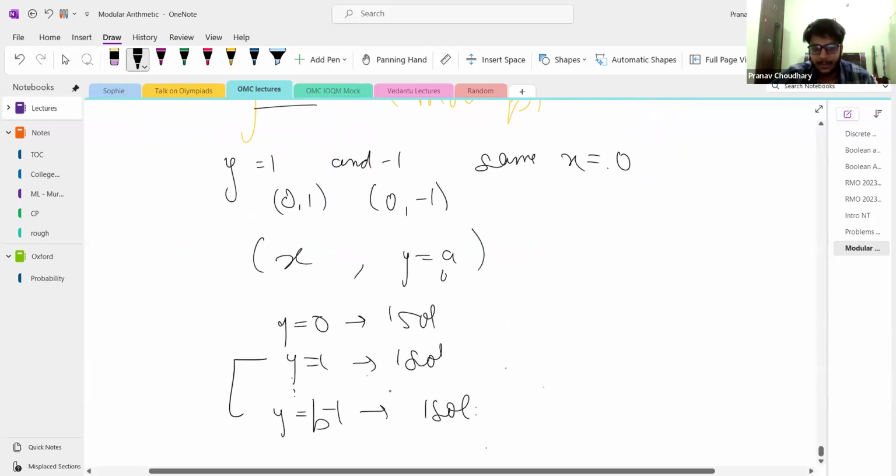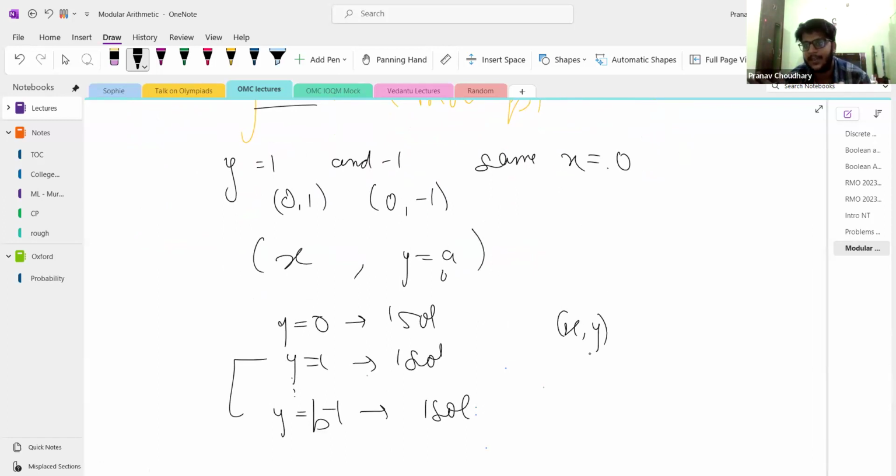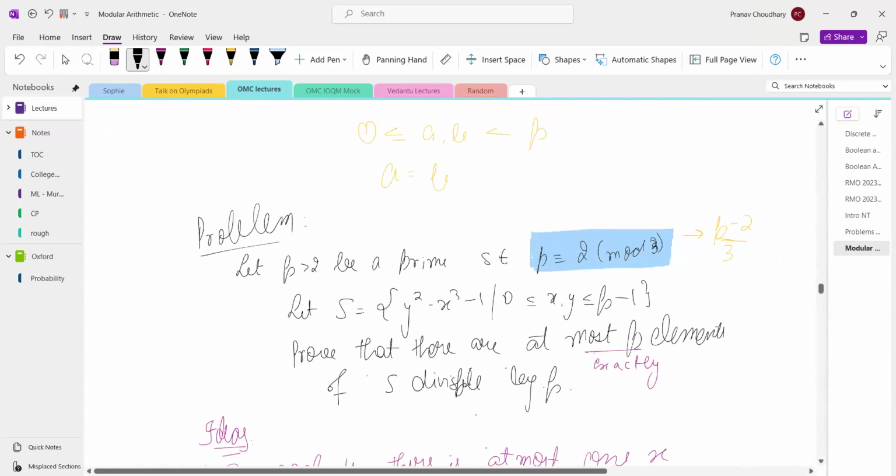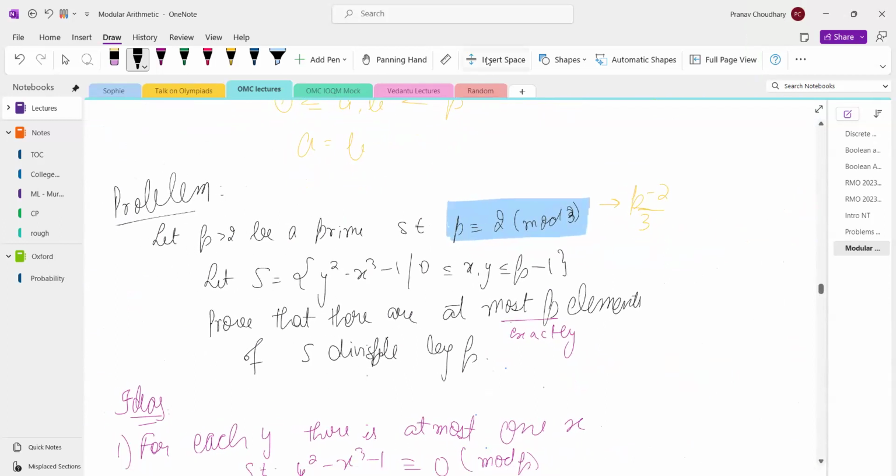The x value is the same, but the pair (x, y) is my complete solution. So these are two different solutions, not the same solution. I'm solving this whole equation, not just finding the possible values of x. The question is not asking you to do that. Is it clear? Yes, sir. Okay.